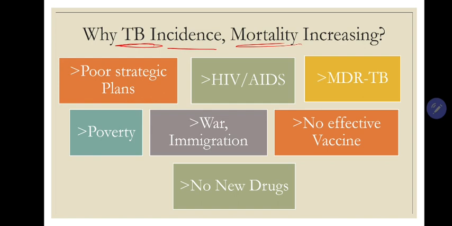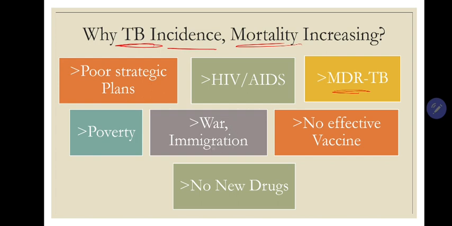So why? First is poor strategic plans. Second, the presence of HIV and AIDS, which suppress the immunity. Third, the emergence of multi-drug resistant TB strains. Fourth, poverty, الفقر.